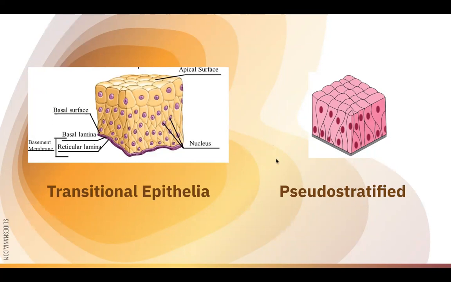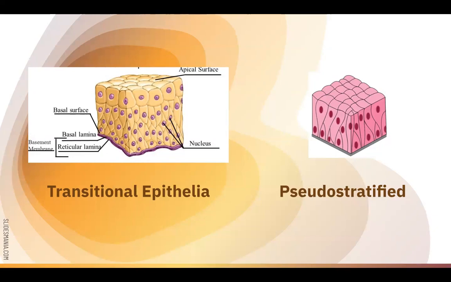And there's also pseudostratified, which, as its name suggests, looks stratified, but it really isn't, because as you can see, a lot of these cells look like there are multiple layers, but a lot of them go straight to the top. And the ones that aren't, as you can see, get kind of cut off because some cells get in the way and reach all the way to the top.